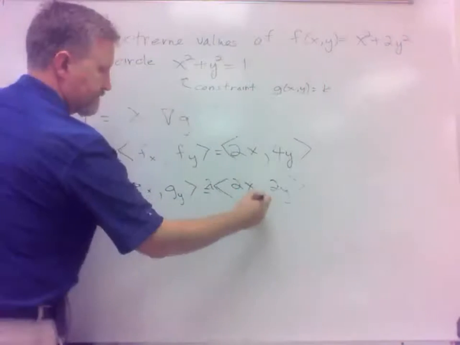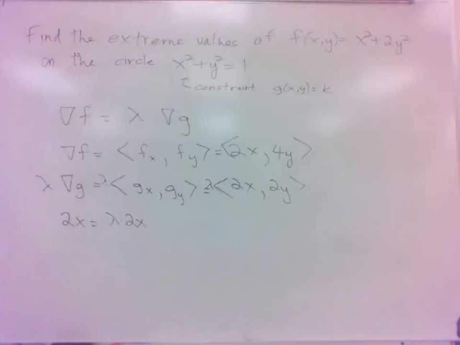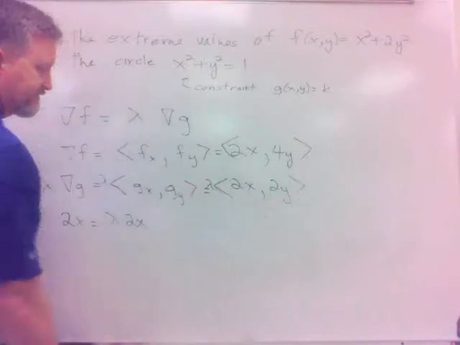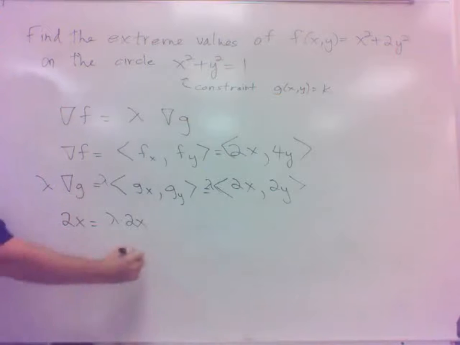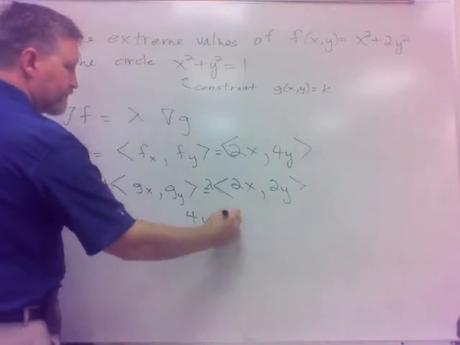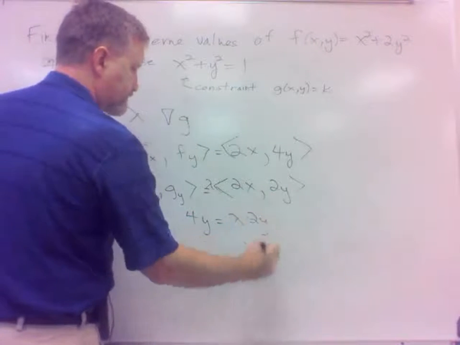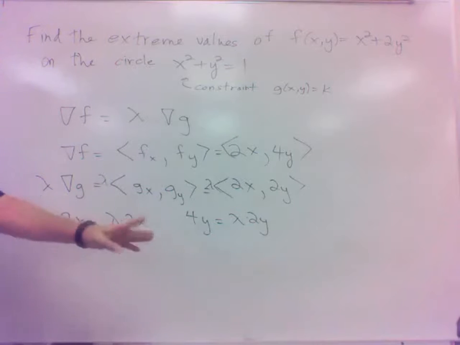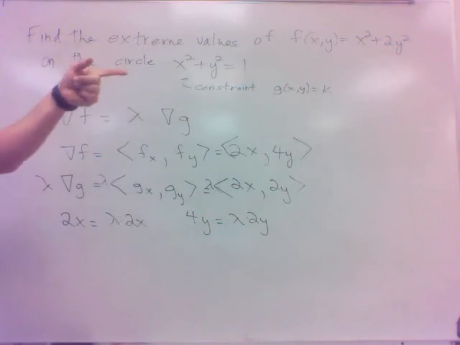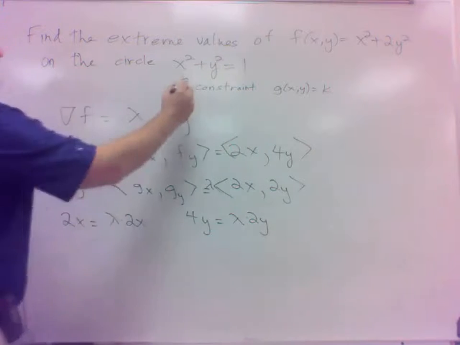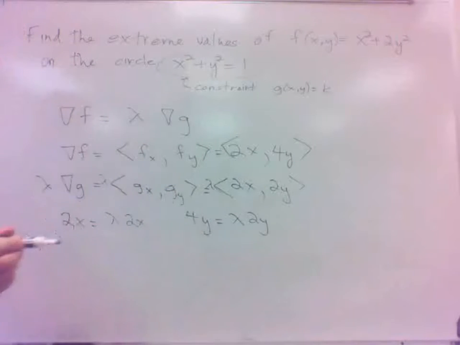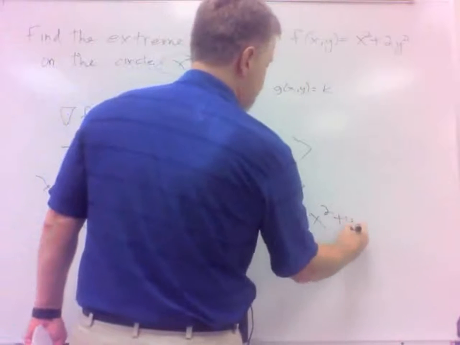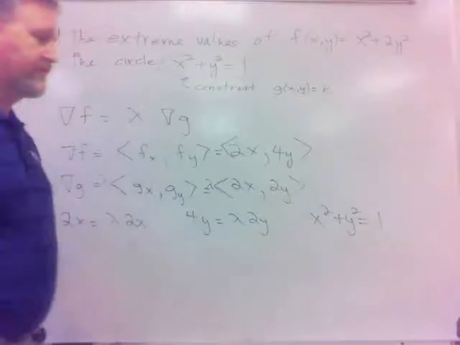Then 4y equals lambda times 2y. Now, notice that's two equations, but I have three unknowns. But I do have a third equation, because that's our g(x, y) equals k. So that's our third equation, if you will, for this.